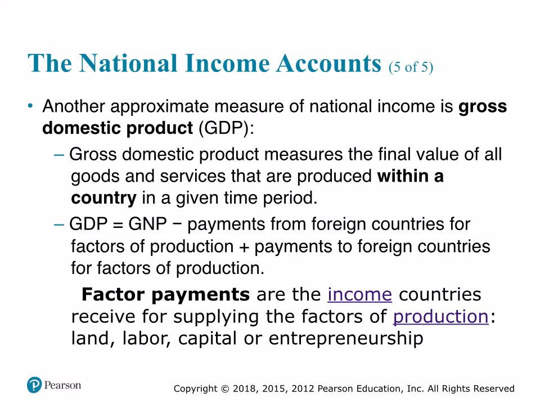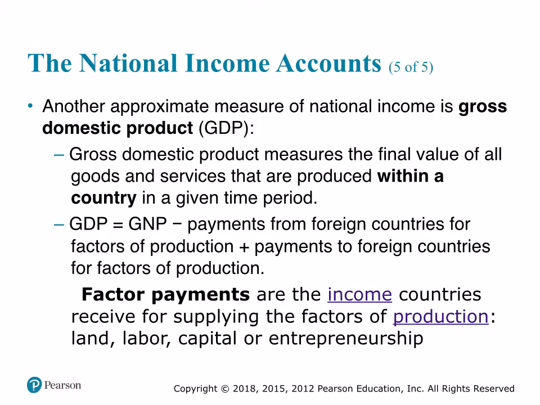Factor payments are the income countries receive for supplying the factors of production, like land, labor, capital, or entrepreneurship. Okay? Factor payments, or payments for factors of production, are the income countries receive for supplying factors of production, such as land, labor, capital, or entrepreneurship.